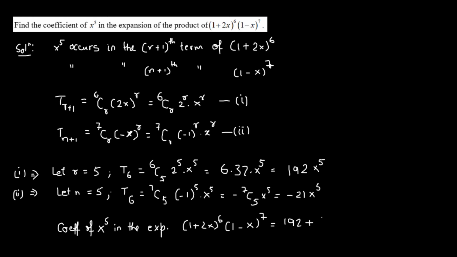So that is 192 plus negative 21, and that gives us 171.